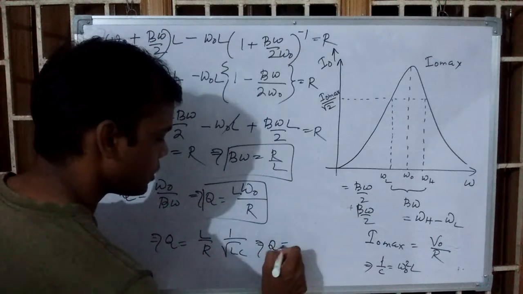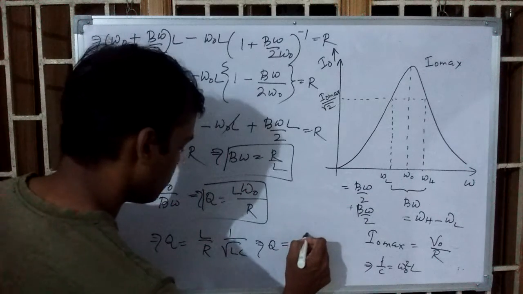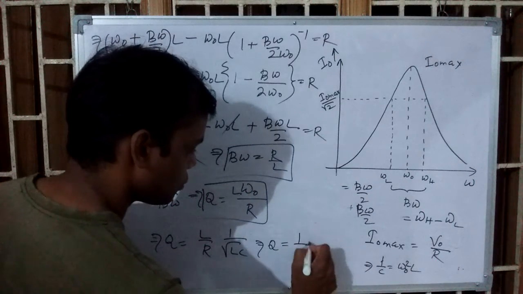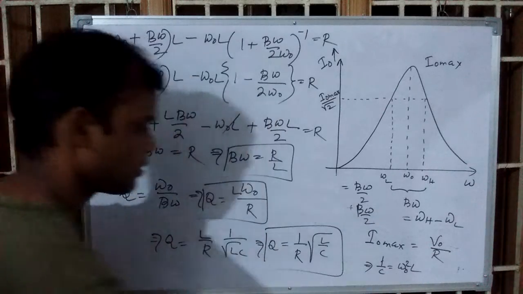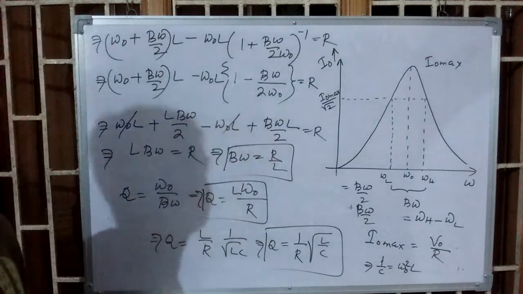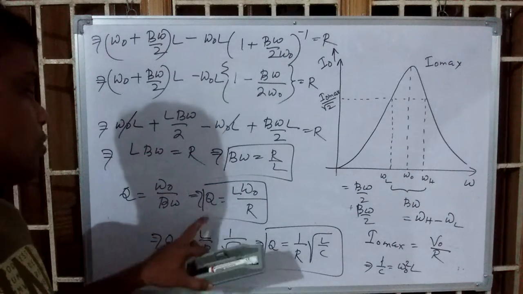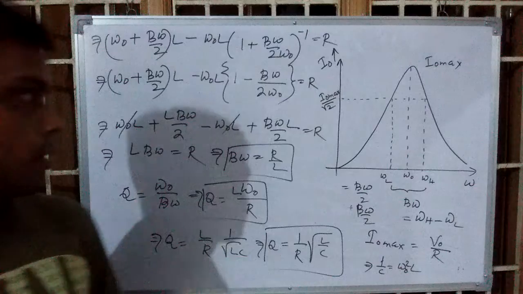This implies Q is equal to 1 by R root over of L by C. So this is all about the sharpness of resonance. The more the value of Q, the sharper the resonance will be. Okay, thank you.